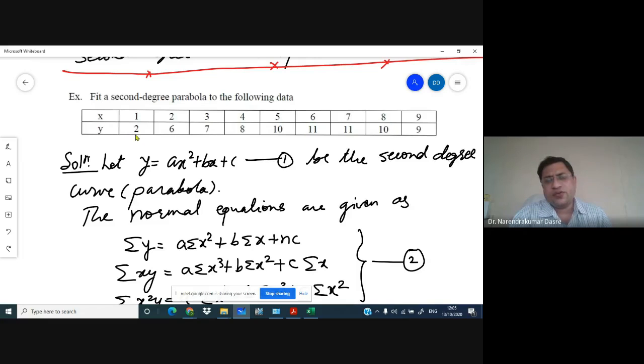And the y data is 2, 6, 7, 8, 10, 11. So this is increasing, and after 11, you can see 11, then again 10 and 9. That means it goes upwards to 11 and something more, and then again it comes downward.